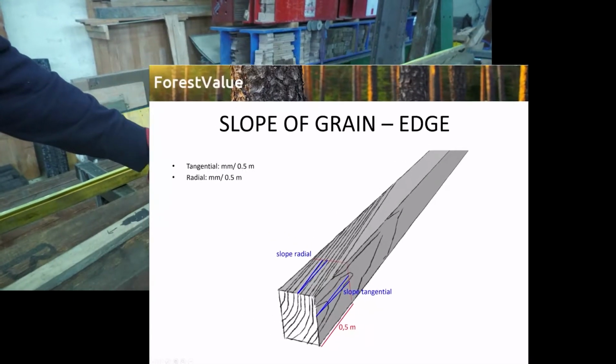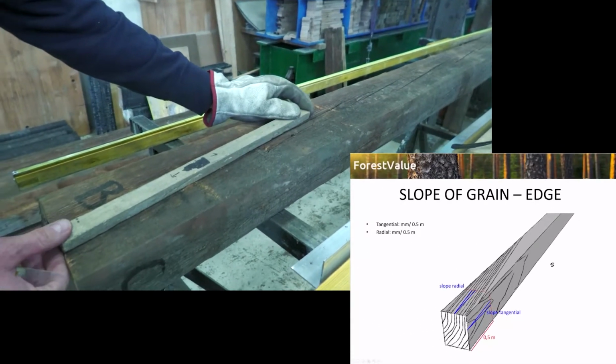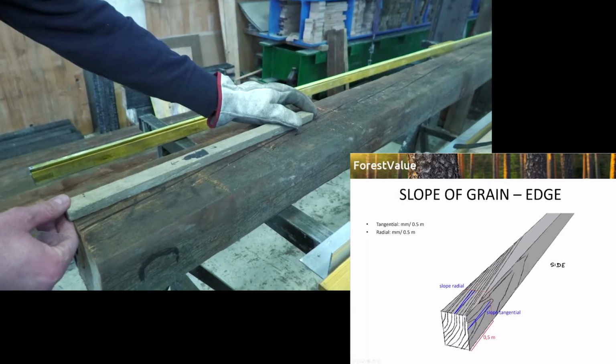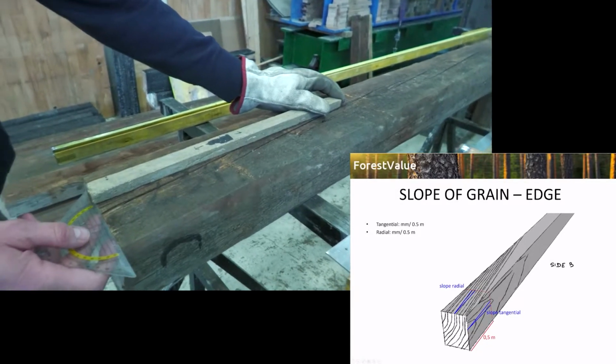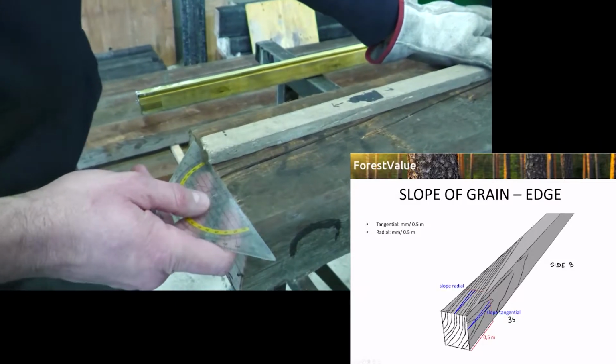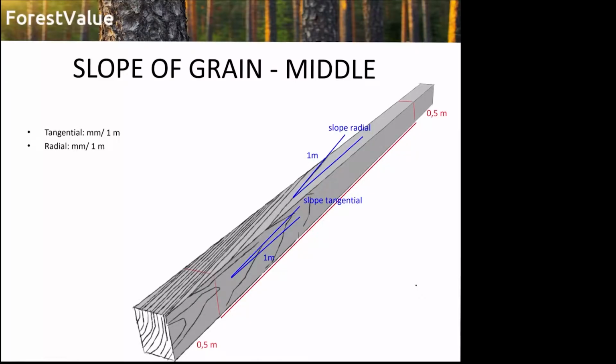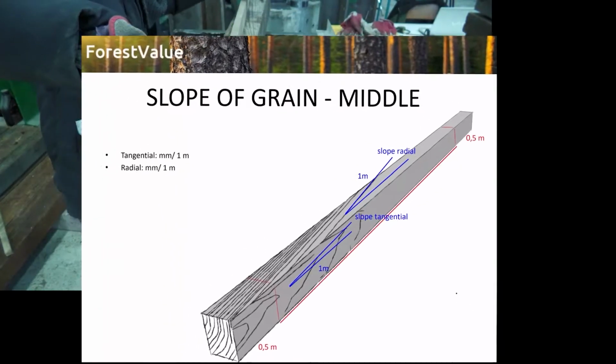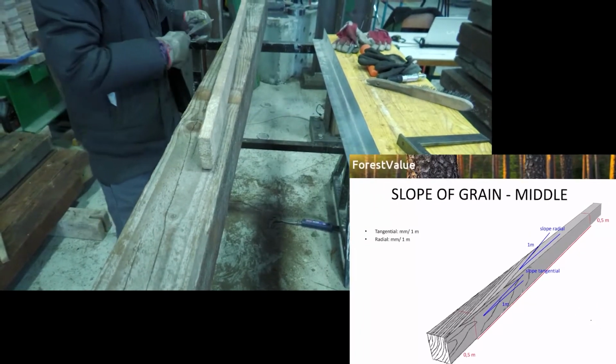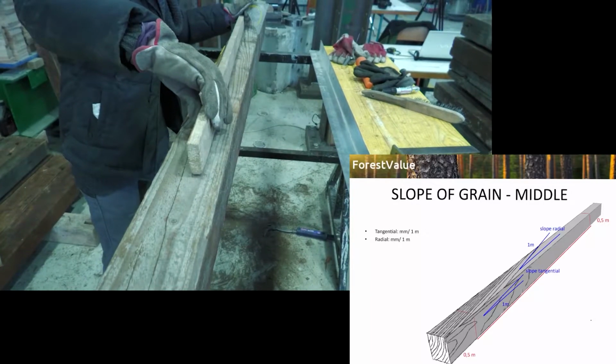The maximum slope of grain was measured 0.5 meters from the end and the start. In the middle part of the specimen, the maximum global 1 meter slope was measured.